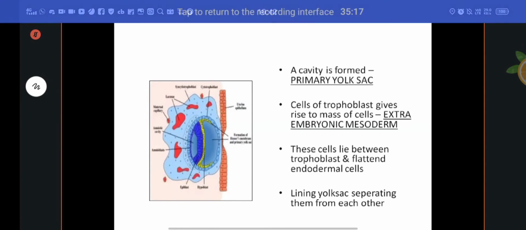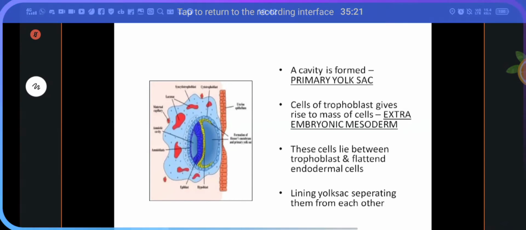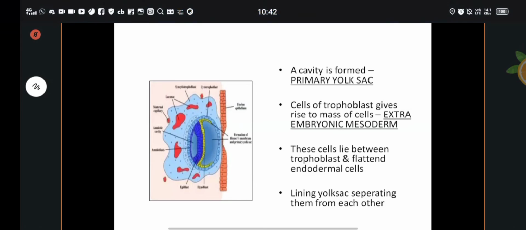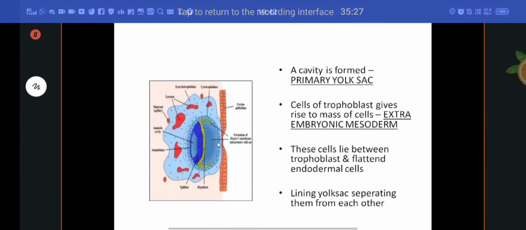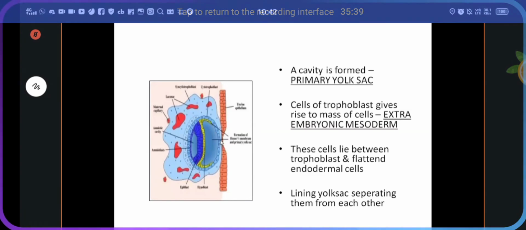Now the cells of the trophoblast give rise to a mass of cells called extra embryonic mesoderm. This extra embryonic mesoderm is seen between the trophoblast cells and Heuser's membrane.